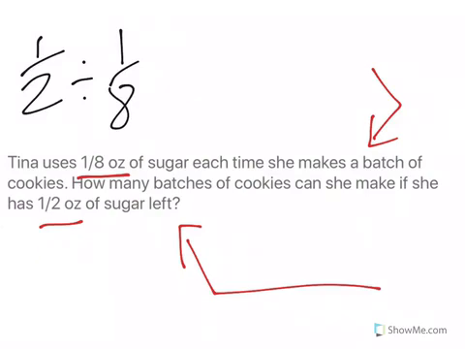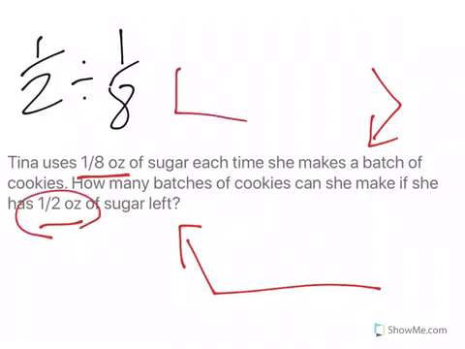She needs 1/8 pound for each batch. So it had them in the same order as the equation. It had the 1/2 first and the 1/8 second. This problem does not have them in that same order. So if you just looked at this and said, okay, well, it's 1/8 divided by 1/2, you'd get the wrong answer. You have to really read the question and think about it in terms of what you're actually doing.